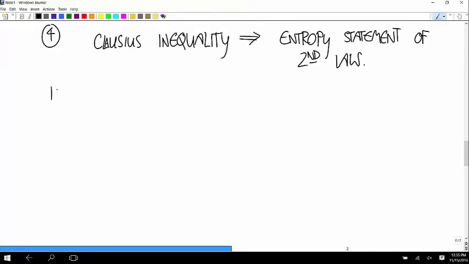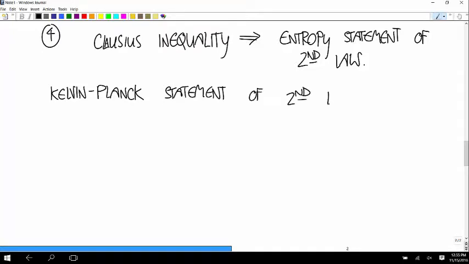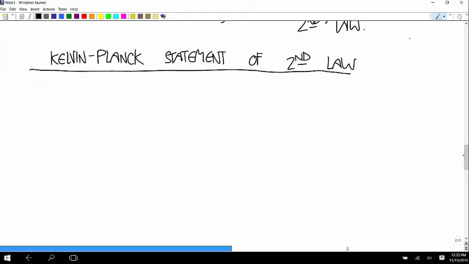So today we're going to talk about the Kelvin-Planck statement of the second law. Okay, so what does this say? Here's a general diagram of a heat engine, of a power cycle.